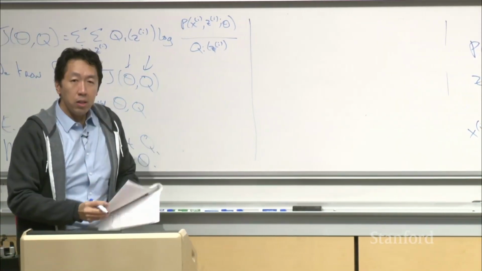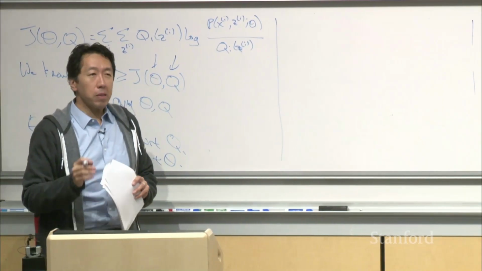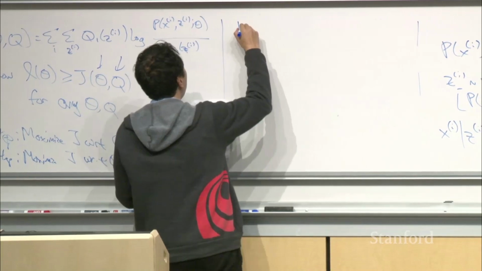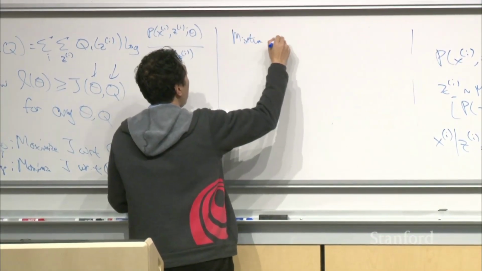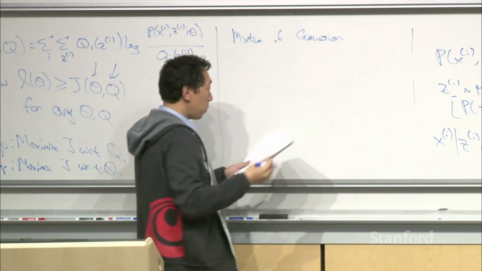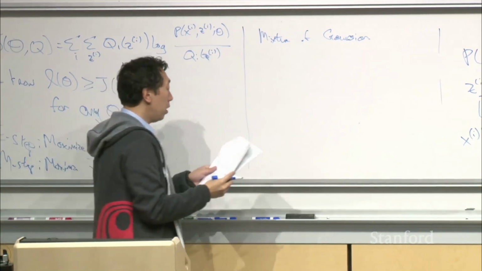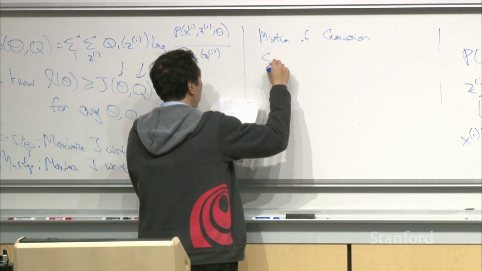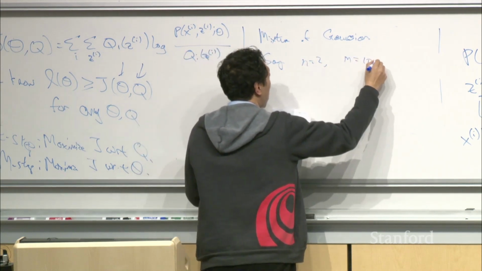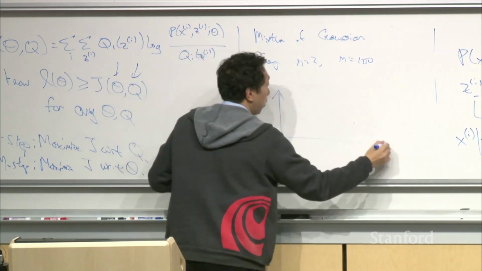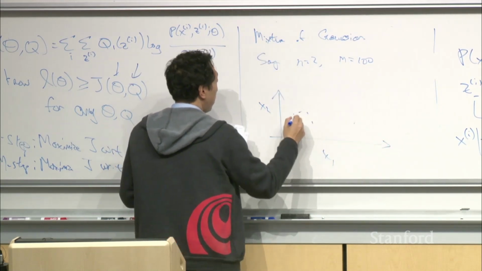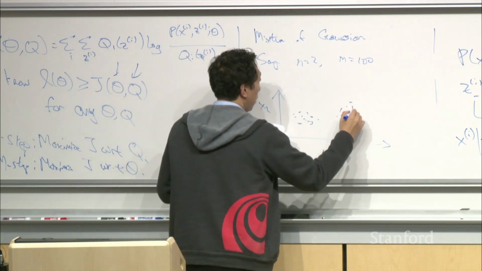Actually, sorry. I want to compare and contrast mixture of Gaussians with factor analysis. For the mixture of Gaussians, let's say n equals 2 and m equals 100, right? So you have a data set with two features, x1 and x2, so n equals 2, and maybe you have a data set that looks like this.